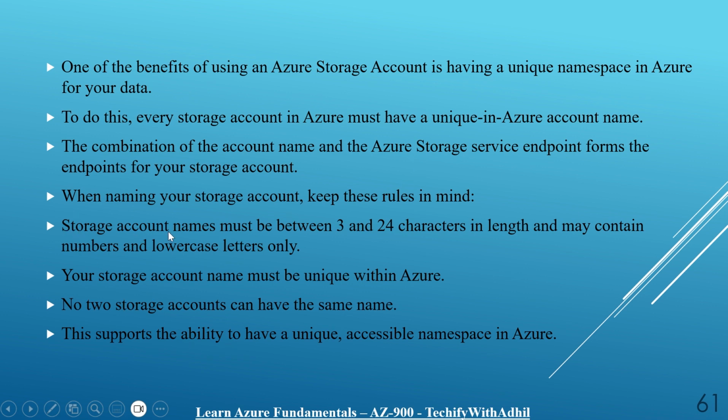The name must be between 3 and 24 characters in length and may contain numbers and lowercase letters only, no special characters. It must be unique within Azure. No two storage accounts can have the same name. This supports the ability to have a unique accessible namespace in Azure.